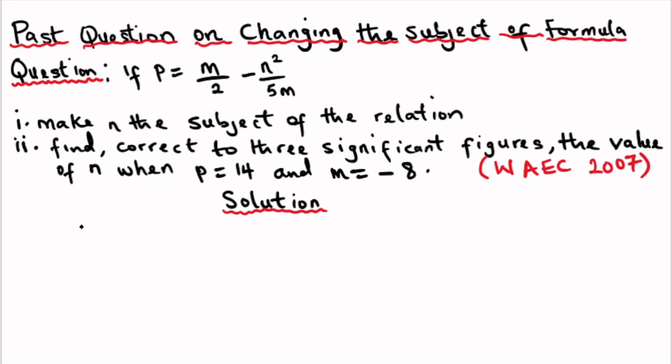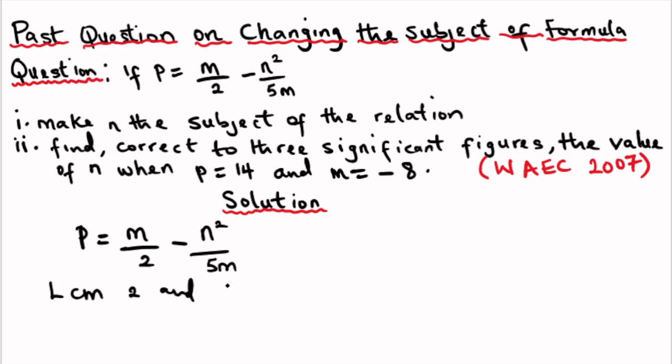If p is equal to m over 2 minus n squared over 5m. With the look of our question, what we're going to do here is to find the LCM. Now LCM for 2 and 5m is equal to 10m.